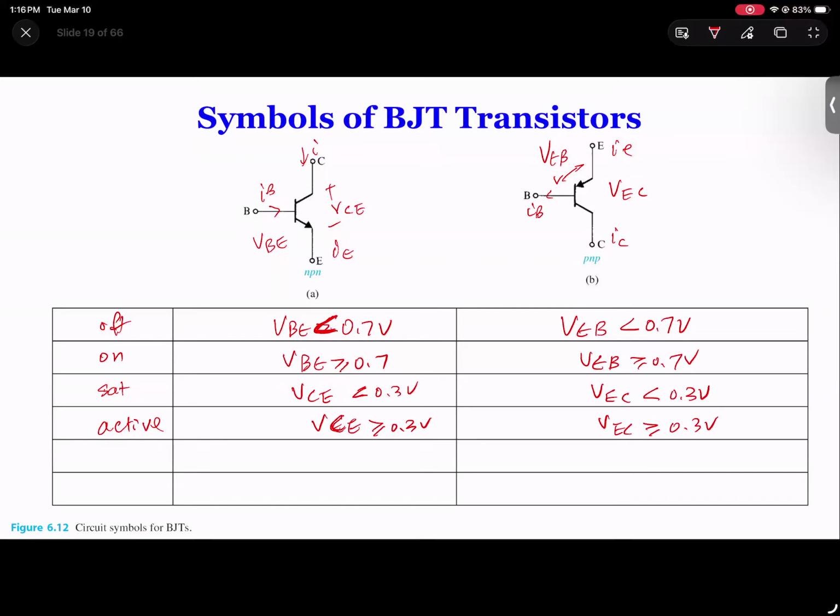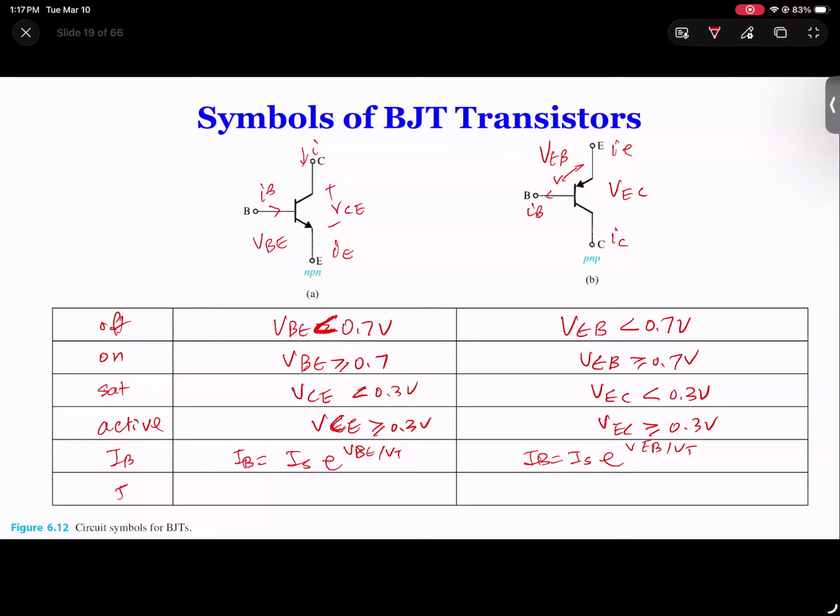And then we have the current IB in the active mode. We have IB equal to IS times e to the VBE over VT. And then for the PNP, we have IB equal to IS times e to the power VEB over VT. So we again flip the VBE to VEB.